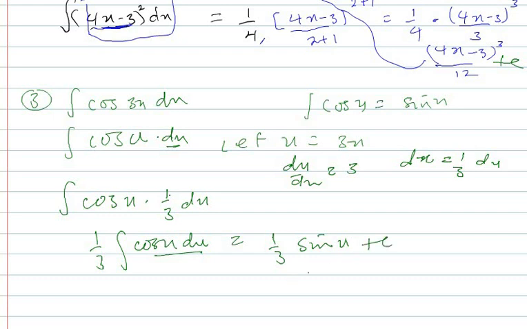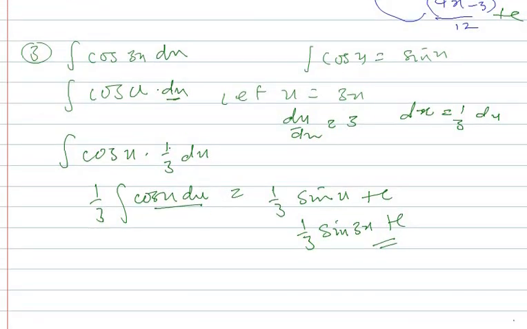So our u is 3x, then we can say 1 over 3 sine 3x plus c. So this is the way to do it, but still you can use the shortcut. Since you have the integral of cos 3x dx, simply take the differential of whatever is inside the linear expression.